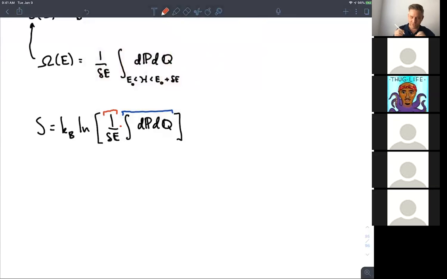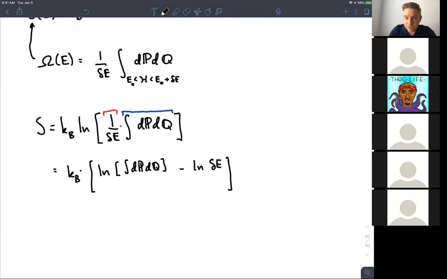All right, so we have a product of these two things, and you will recall that the logarithm of a product you can always write as the sum of logarithms. So you could write this as k_B times the logarithm of the integral of dp dq minus the logarithm of delta E. Now again, this delta E is essentially meaningless.